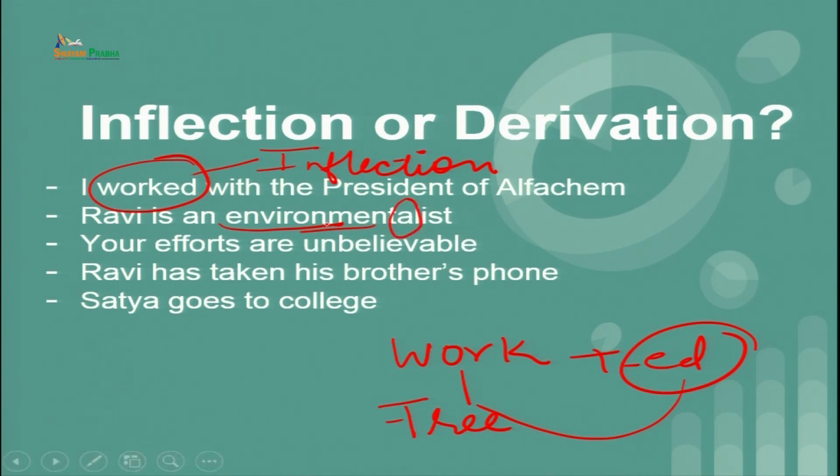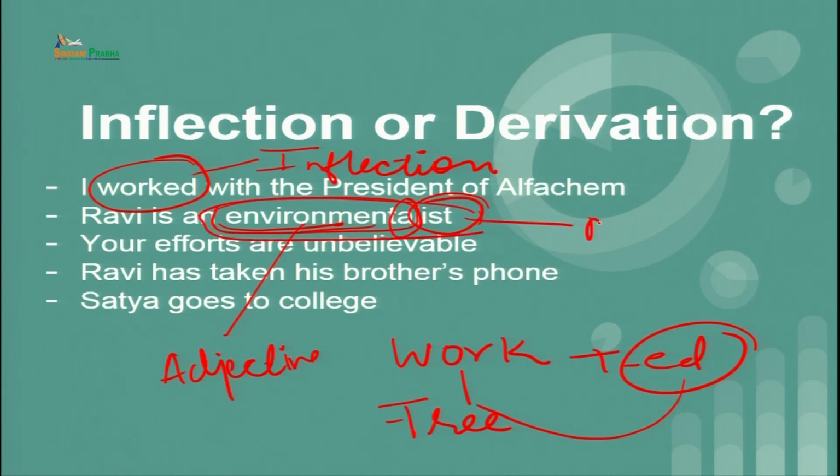By including AL with the root environment, you are making this word an adjective. But when you add IST, you are making it a noun.